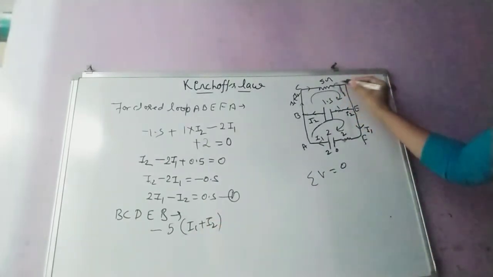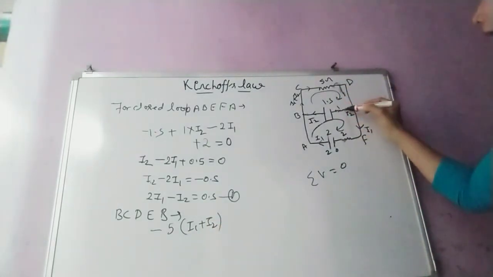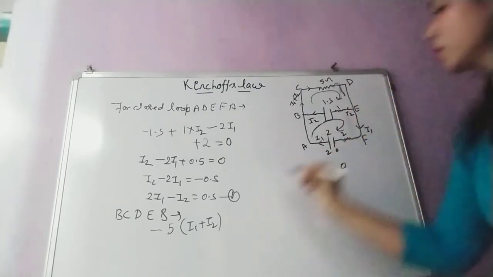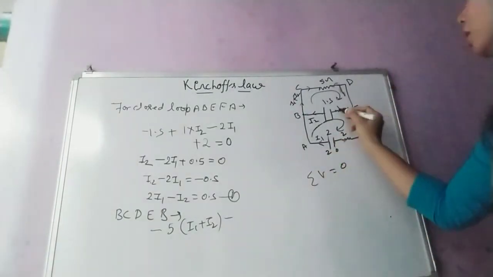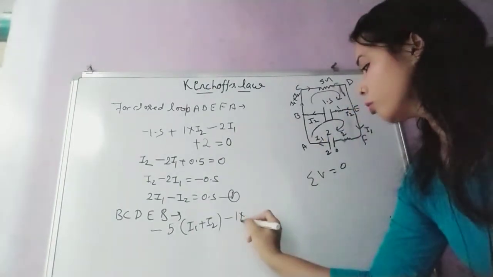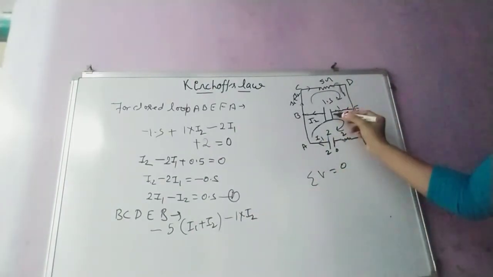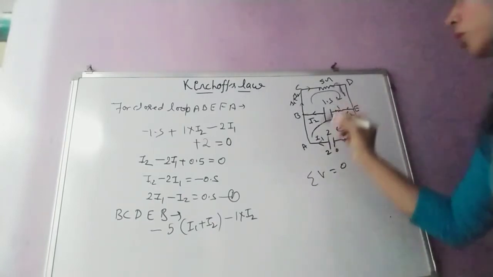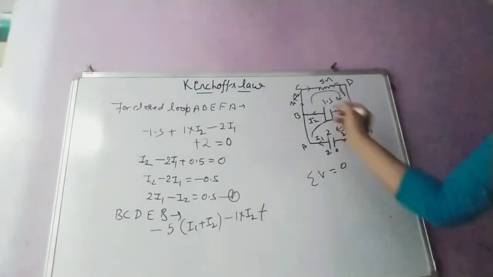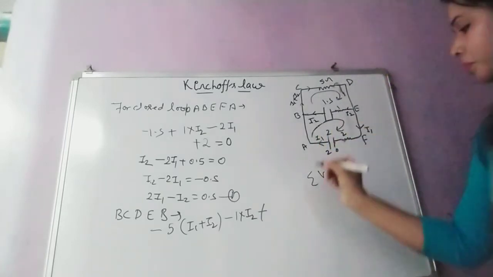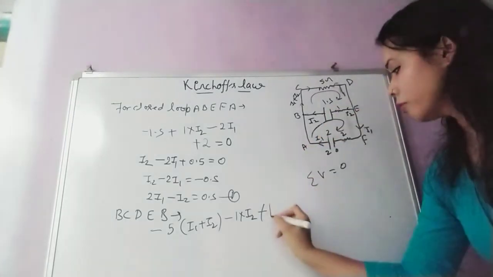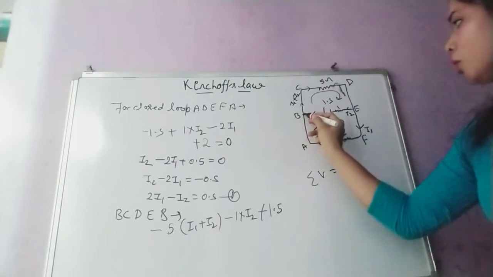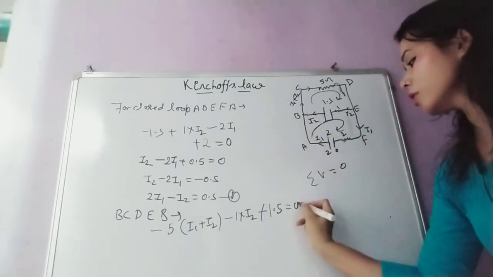Now I am moving up through this direction. Direction of current is also this and path is also this, so negative 1 into I2. Then negative terminal to positive terminal means plus, gaining in potential, so plus 1.5 volt. Now you have reached point B again, so that is equal to 0.